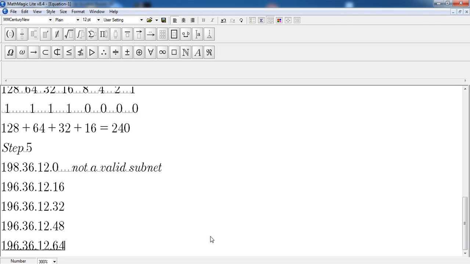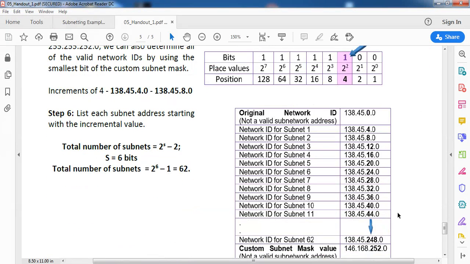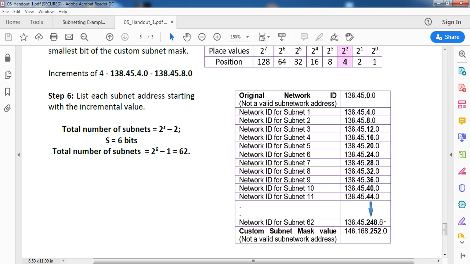Remember, when we look at the list of the subnet ID, we cannot use 252 as a custom subnet mask value. So it's not a valid subnetwork address. So it would be below the maximum subnet mask.